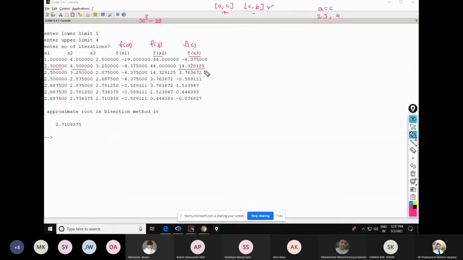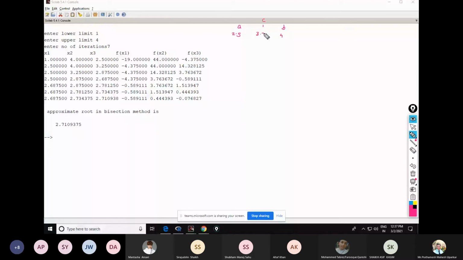When you put 3.25, you will use a scientific calculator to calculate this value. Are you getting it? Yes, sir. So in the second iteration, my A value will become 2.5, my B value will become 4, and my C value will become 3.25.